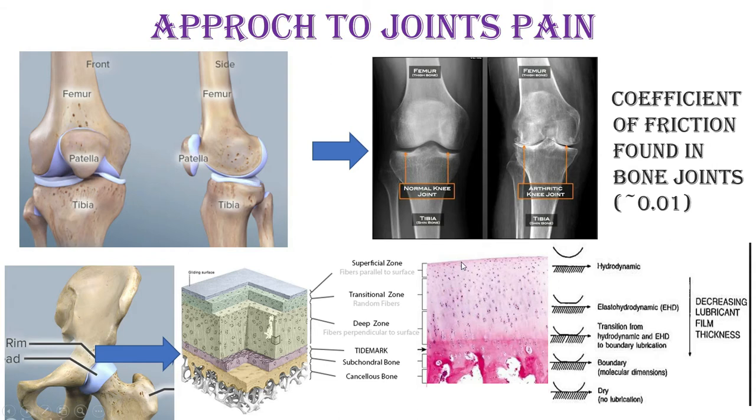Now, if there is any cut injury or any injury over here, that will heal only by fibrous tissue. But if this cut extends up to this tide mark, then that will not heal.